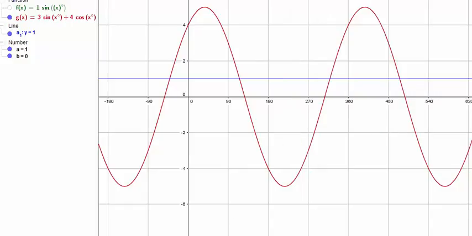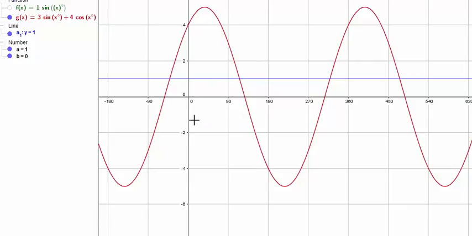I have done that. The red graph represents the equation 3 sin x plus 4 cos x, and the blue line represents the line y is equal to 1. Now the points of intersection in the given range give us the solutions to the two equations.